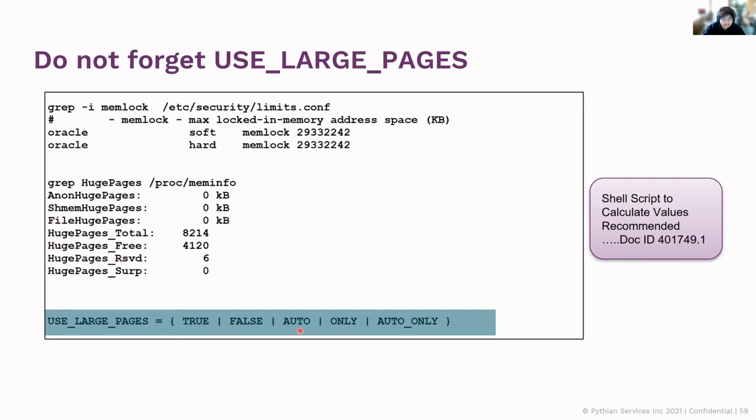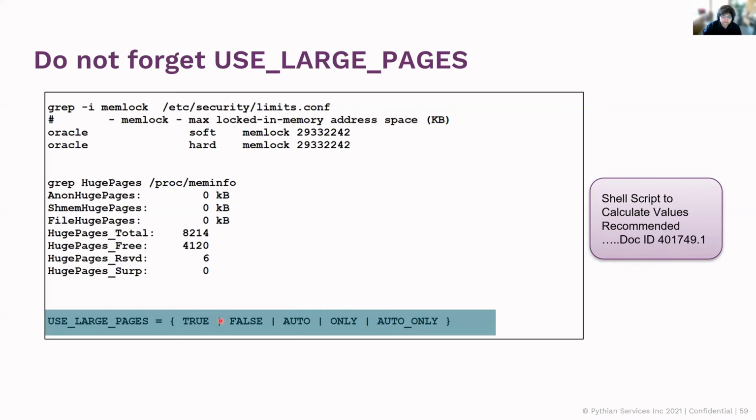Now, 19c comes with new options, auto and auto only, where if you've not defined huge pages, the database is going to attempt to, now this is Exadata only if I'm not wrong, these options, where your database will automatically request huge pages and pick them up. You don't need to pre-create huge pages. That is what the option is. But again, this is Exadata only.